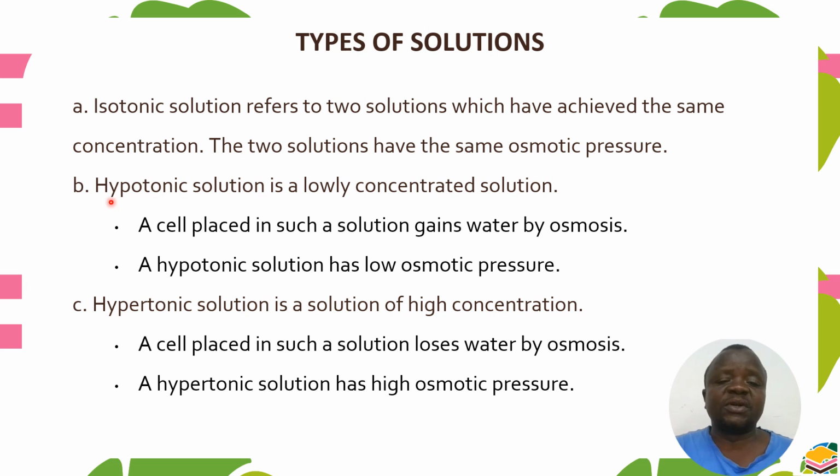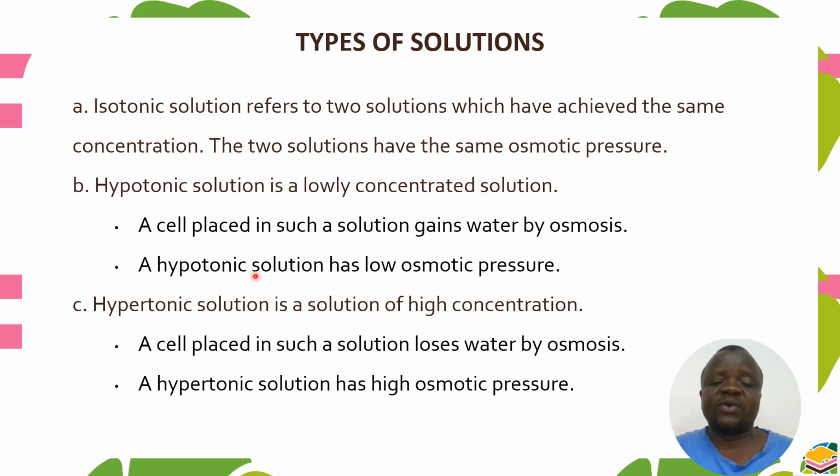So we have another type of solution. Isotonic is A, and B, we have hypotonic solution. So this one is a very lowly concentrated solution, it means low concentration. The prefix hypo means low concentration. So therefore, when a cell is placed in such a solution, it gains water by osmosis.